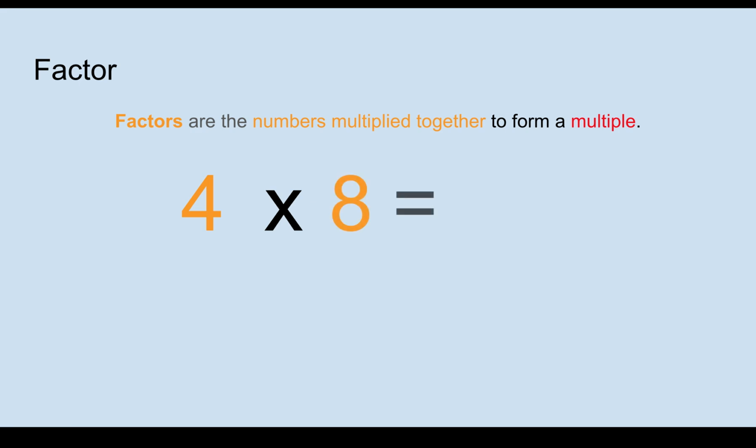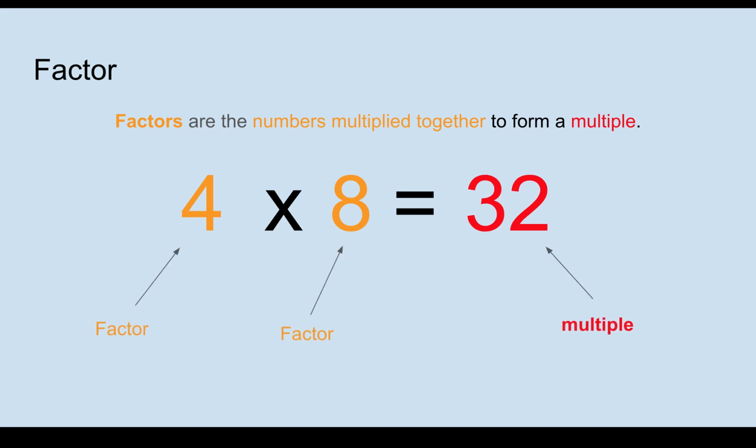Now the factors are the numbers multiplied together to form the multiple. So let's go back to our equation of 4 times 8 equals 32. We know that 32 is the multiple and 4 times 8 are therefore the factors, because they are the numbers that have been multiplied together.